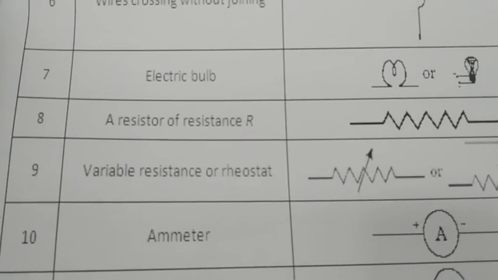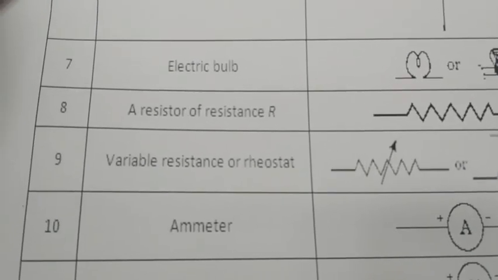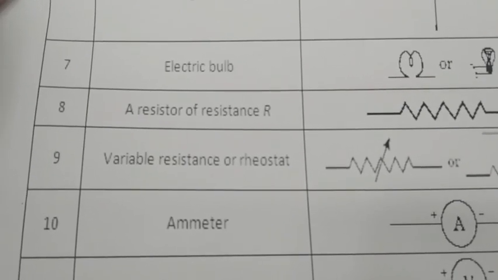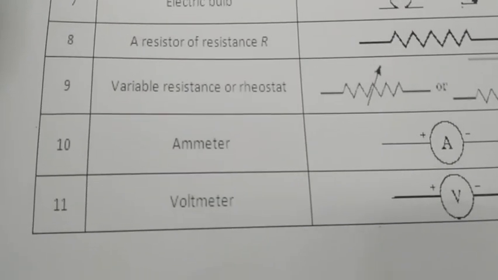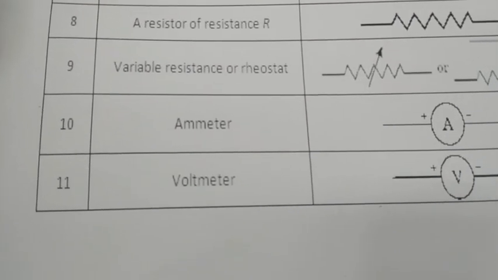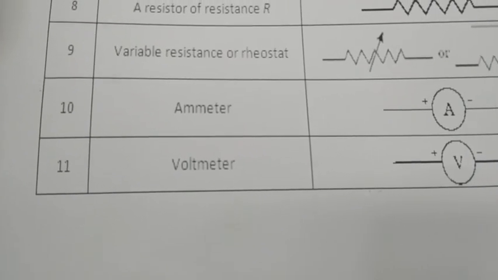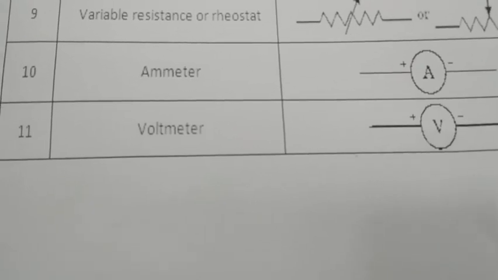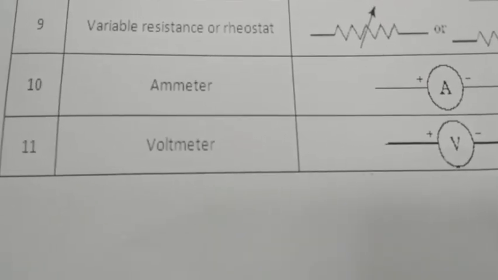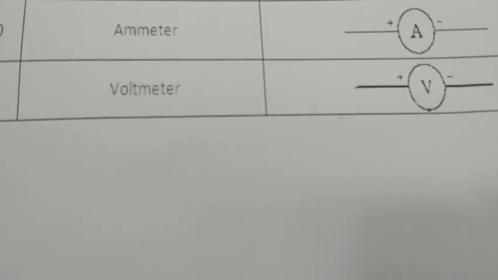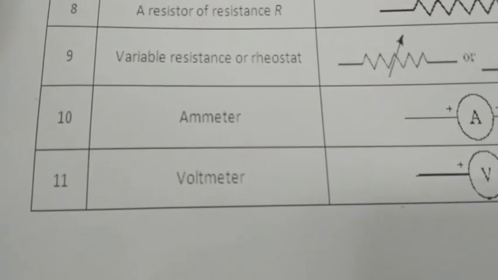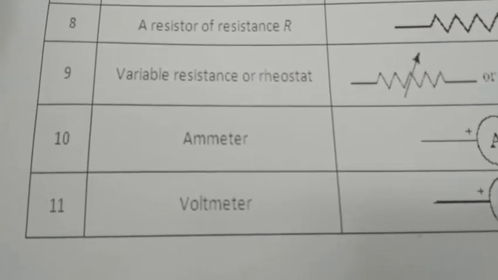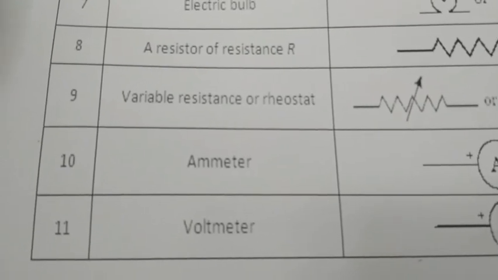That point we will discuss in more detail. Next one is variable resistance, or another symbol is nothing but rheostat. The last two: one is ammeter, another one is voltmeter. Ammeter, voltmeter and the battery all have polarity, positive and negative. It should be specified in the circuit. But in a resistor, there is no polarity.